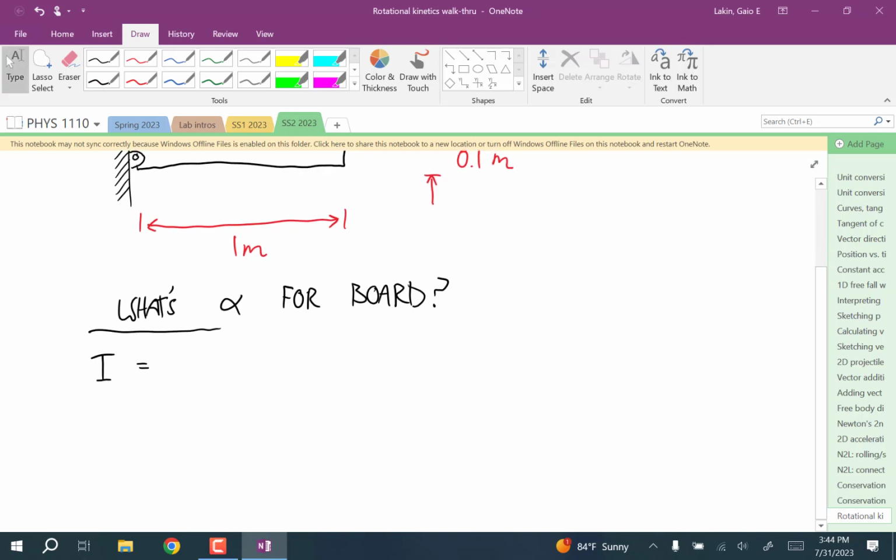So we're going to use the formula 1/3 times the mass times the length squared plus 1/12 times the mass times the thickness squared. And we get a moment of inertia of 1.67.